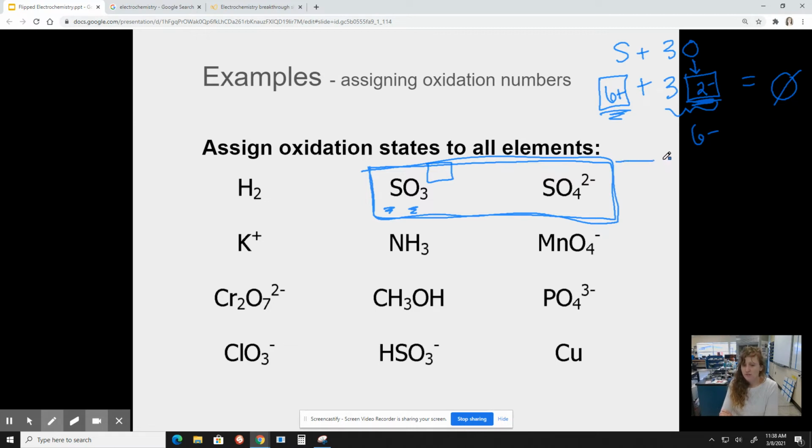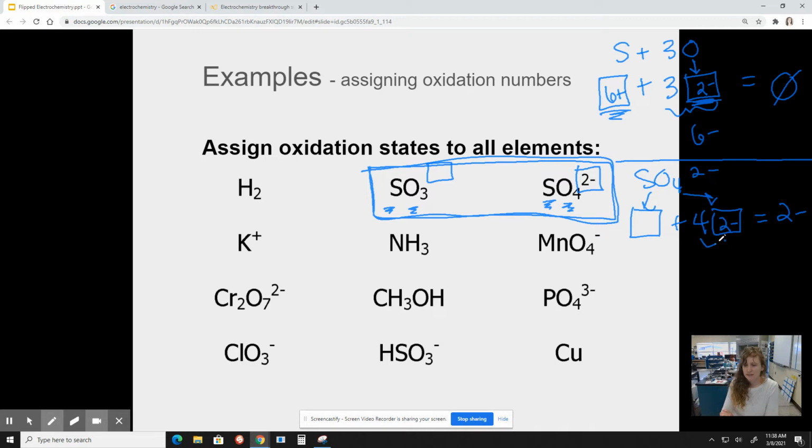We can do this for ions as well. SO4 2 minus has 1 sulfur and 4 oxygens, and they have to add up to the charge, which is a 2 minus. Now, which one is going to be more consistent? The oxygen. So we'll assign oxygen's state first.